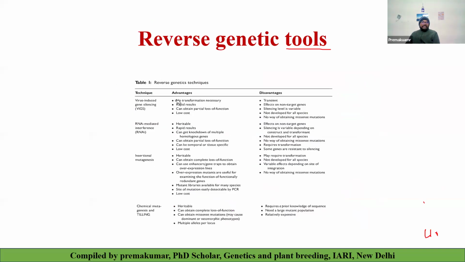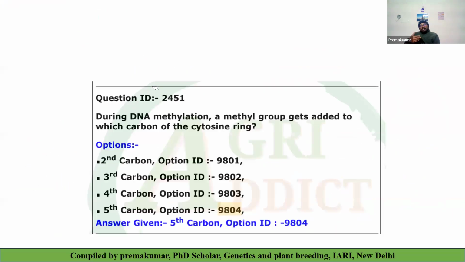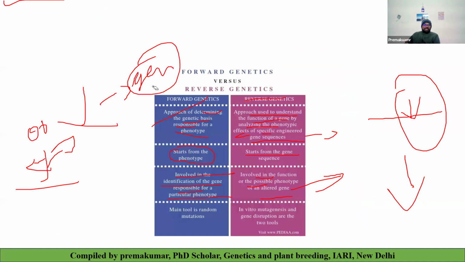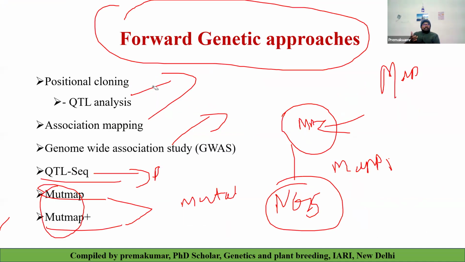This is about the different technologies. In the SRF, see what I have been discussing for the last few days, there are only one or two questions that you may or may not expect. Don't go into detail about these technologies, because we discussed QTL mapping, GWAS and association mapping.